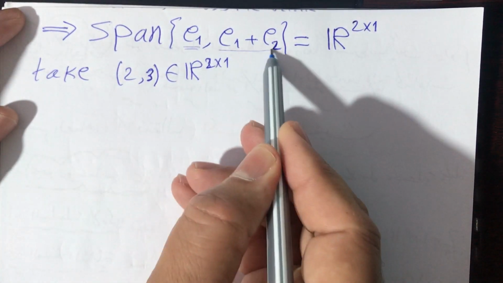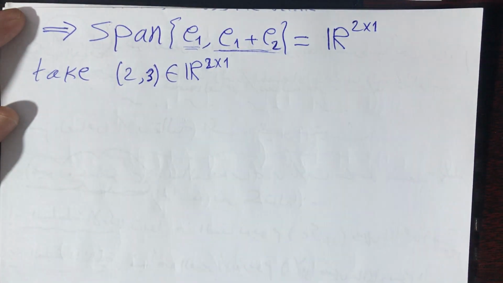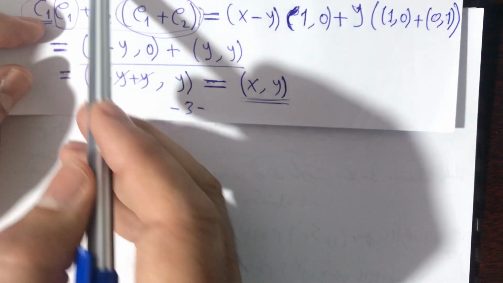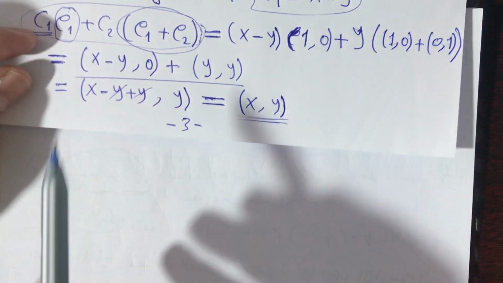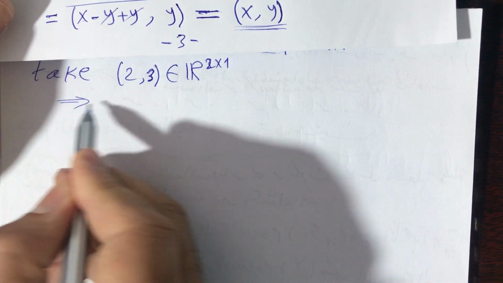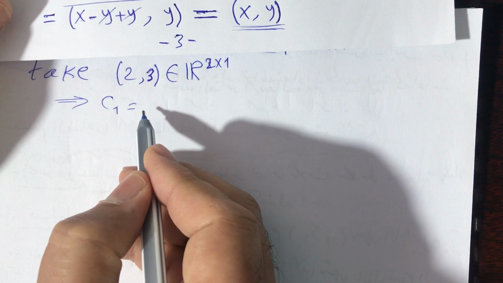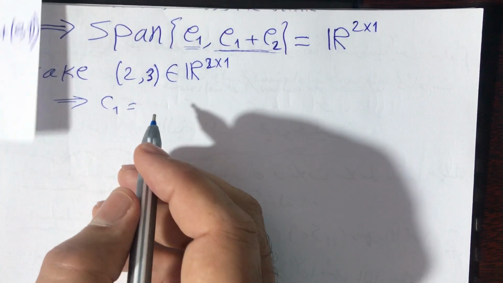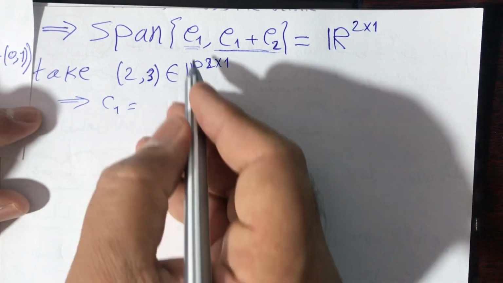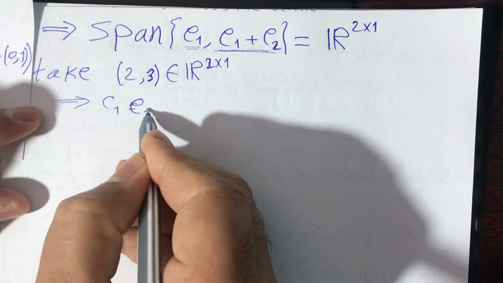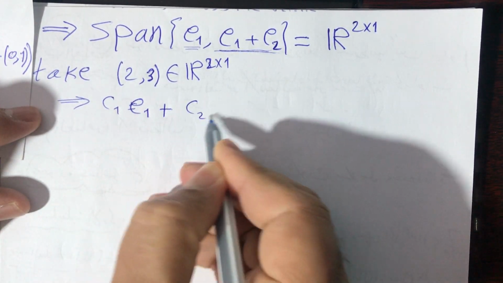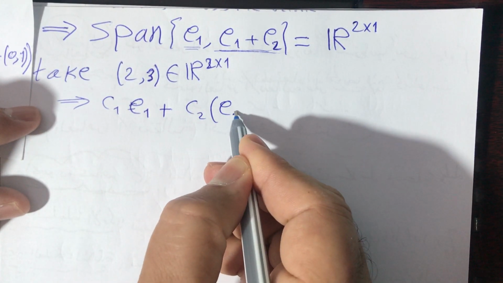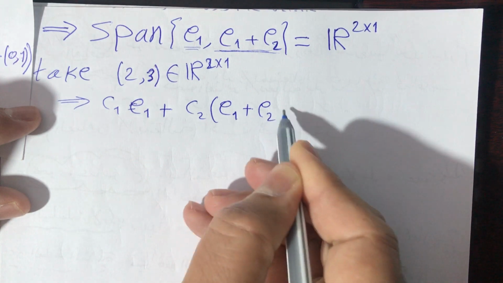I already know C1 should be equal to x minus y. I write the linear combination C1 E1 plus C2 times E2, these two vectors, the first vector and the second vector, E1 plus E2.